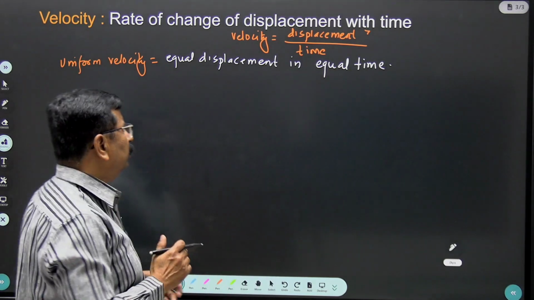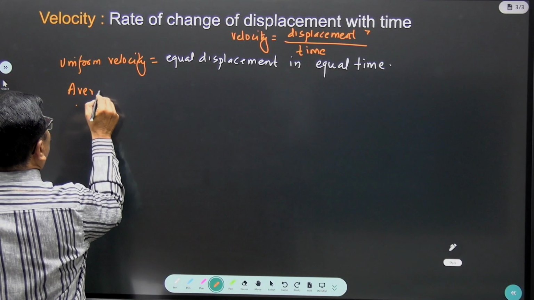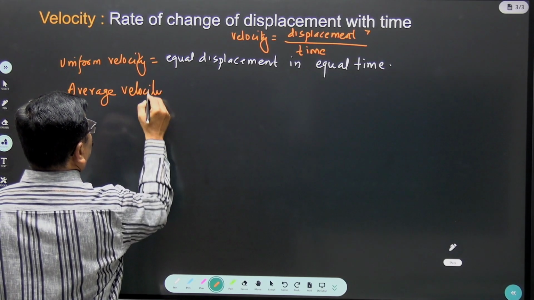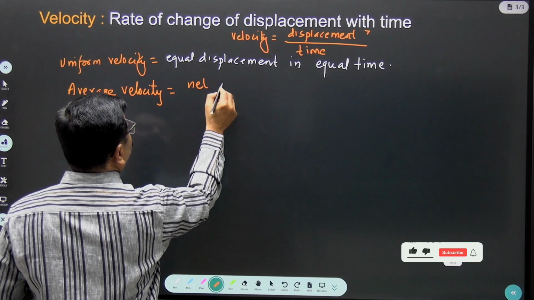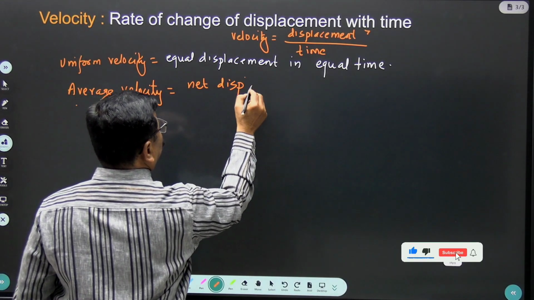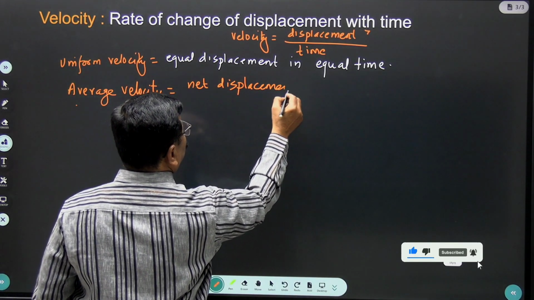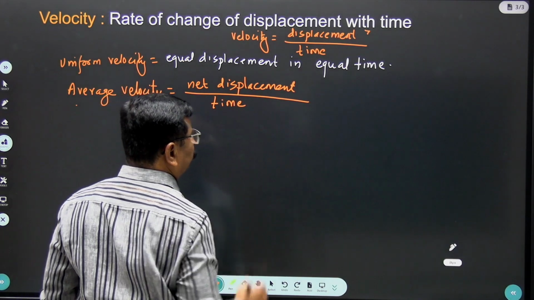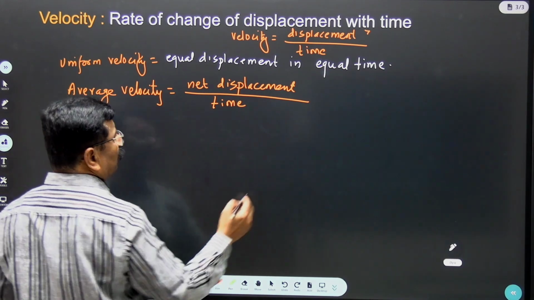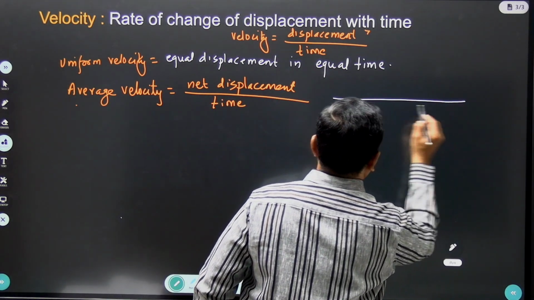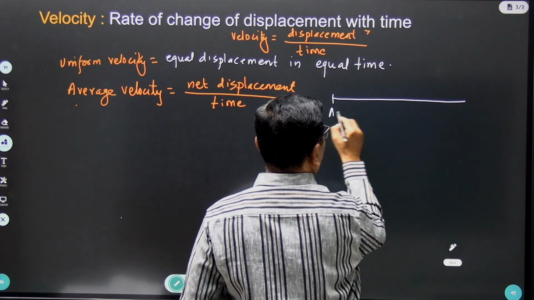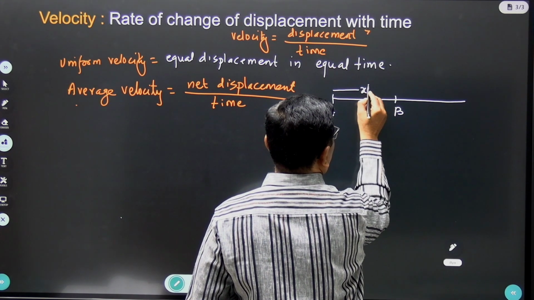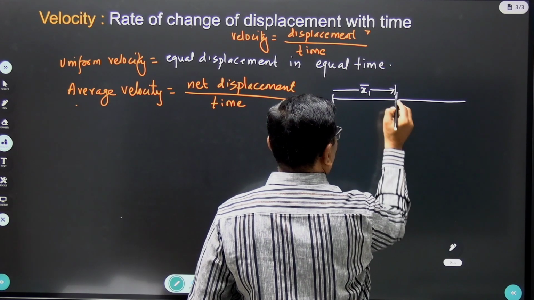The average velocity is equal to net displacement upon net time t. Now see, the body starts from A and reaches B, and that time the displacement vector is x1.